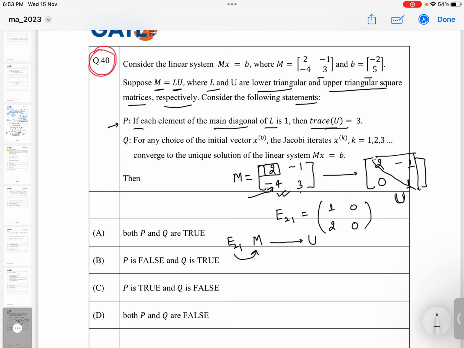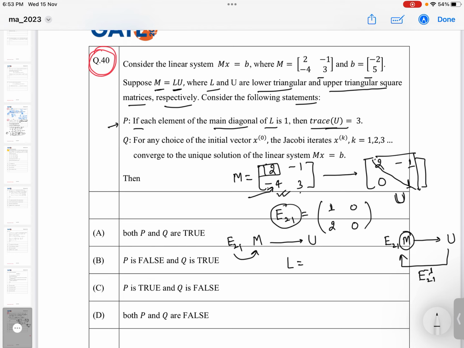Now the lower triangular matrix is nothing but the inverse of this. How? We applied E21 to M, and it got converted to U. Now if we want M back, we apply E21 inverse and we get M back.